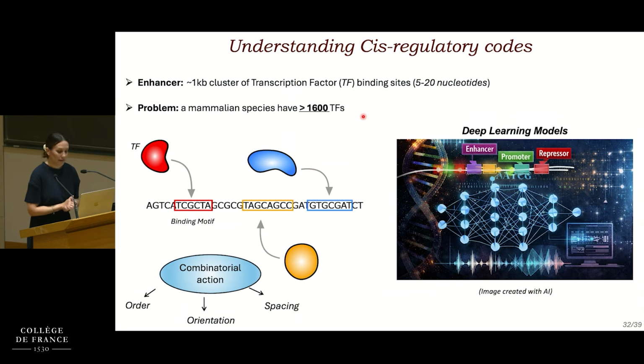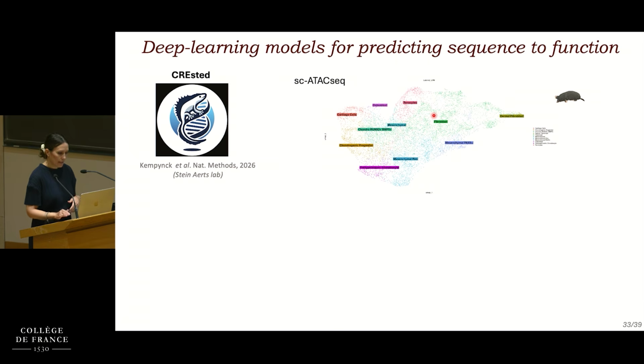Before, it was very difficult to understand this regulatory code, but now, thanks to deep learning models, we are starting to learn a bit more about it. So what we are doing in the lab is that we also generated single-cell ATAC-seq for embryonic mole limbs, and we are using this tool, CREsted, developed by the Stein-Aerts lab, that basically tells you the differential accessibility landscape for each cell type.